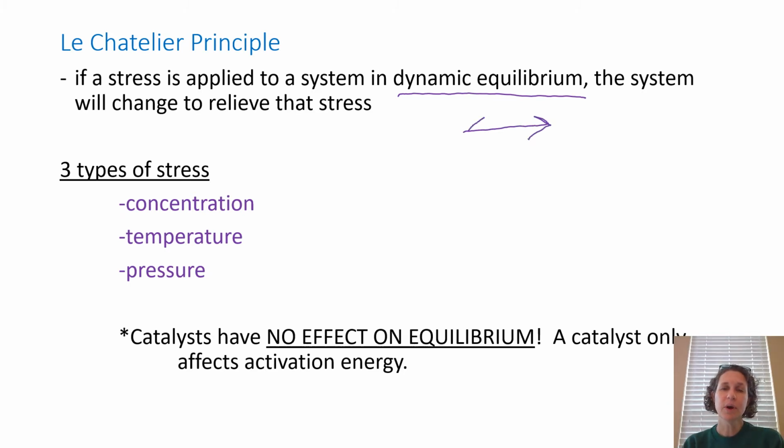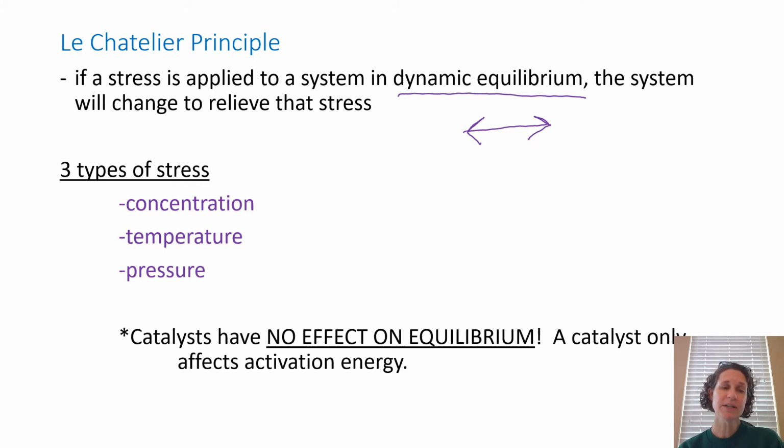The equilibrium part means that visually it is remaining the same. And so it doesn't look like it is changing, but there is a continuous reaction going on. Now, if it is dynamic, the change is happening. If it is an equilibrium, it looks the same. But what happens if you change something?